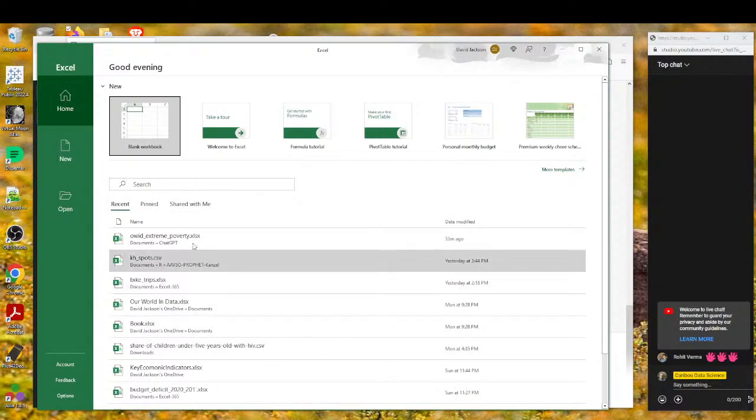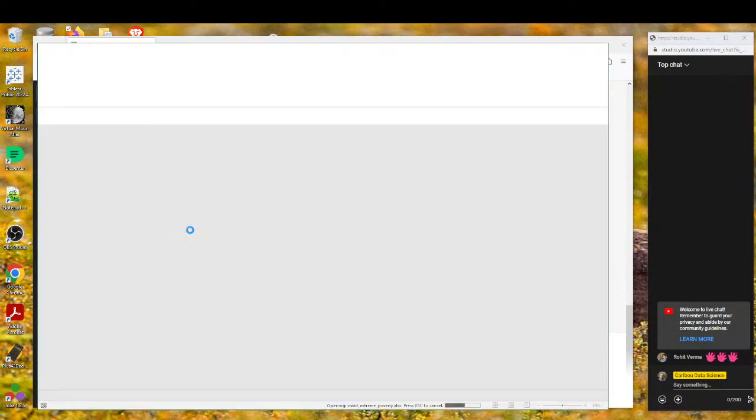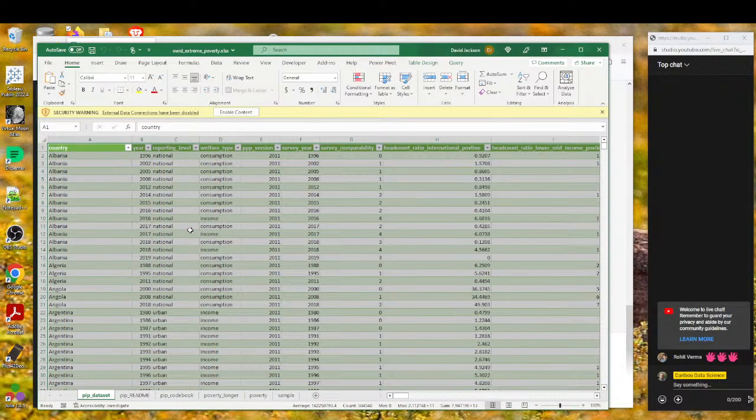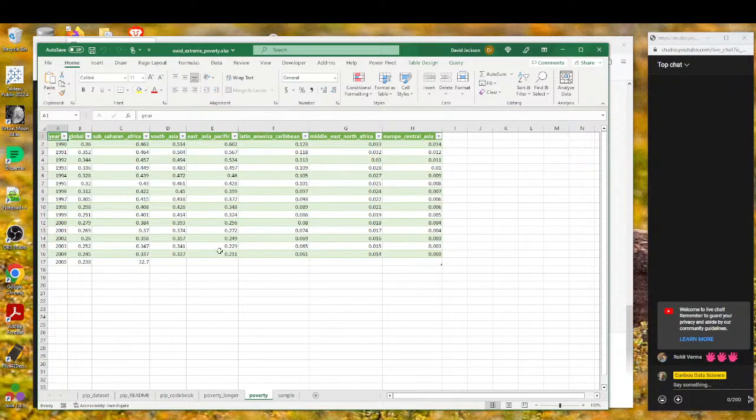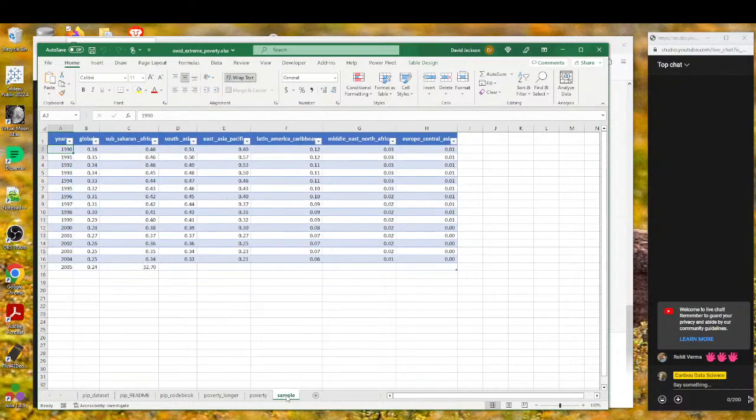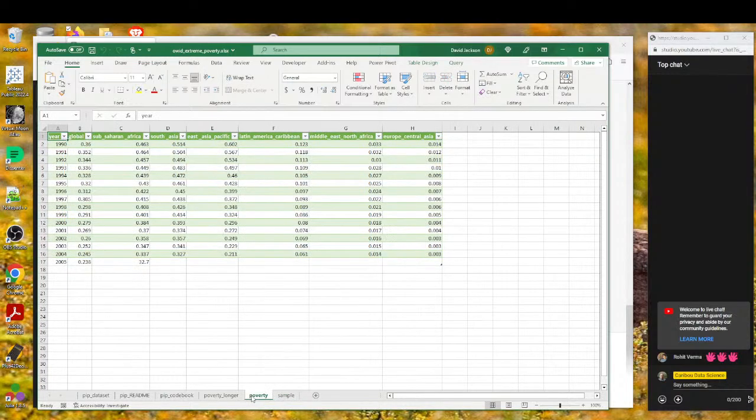Okay, and here's the worksheet. Here's the original table. This was the table I originally cut and pasted in from ChatGPT. Then I pulled it into Power Query and converted it into a table like this.